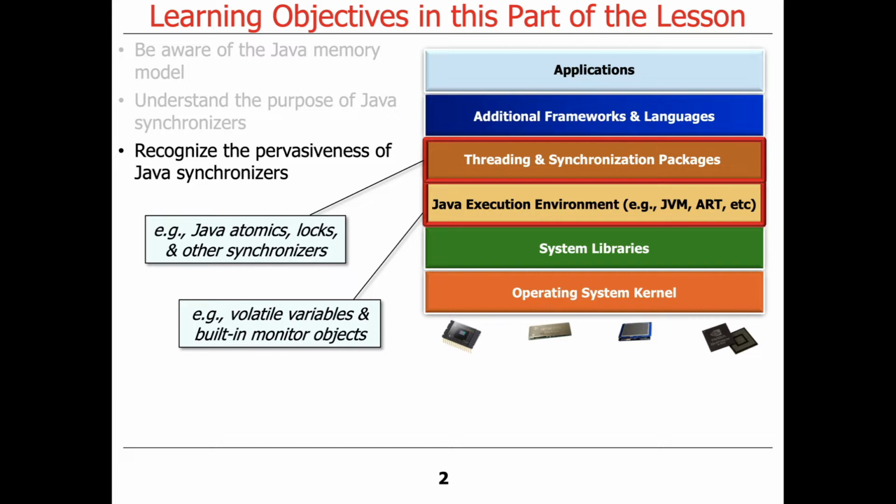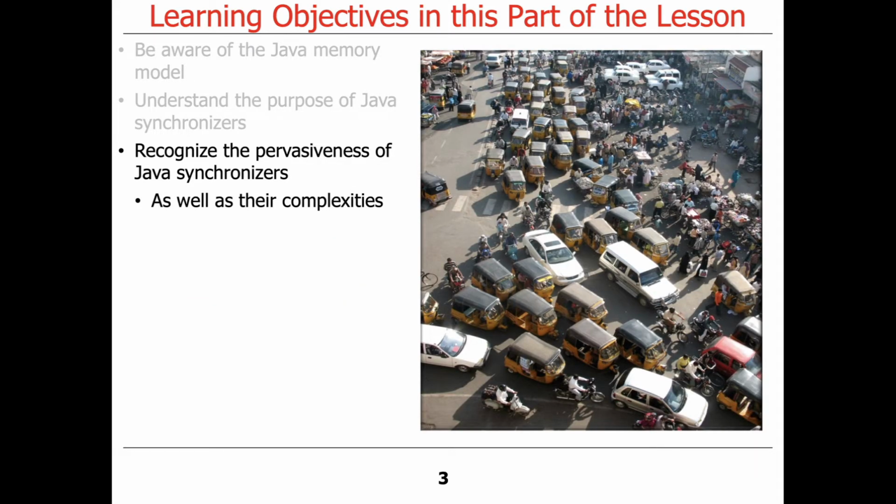This is like the Java virtual machine or the Android runtime, and those include volatile variables and built-in monitor objects. And then there are also different kinds of synchronizers that occur at higher layers like Java atomics, locks, and other synchronizers. And we'll also talk about the complexity of synchronizers, because synchronizers are often used to deal with very complex coordinations and interactions.